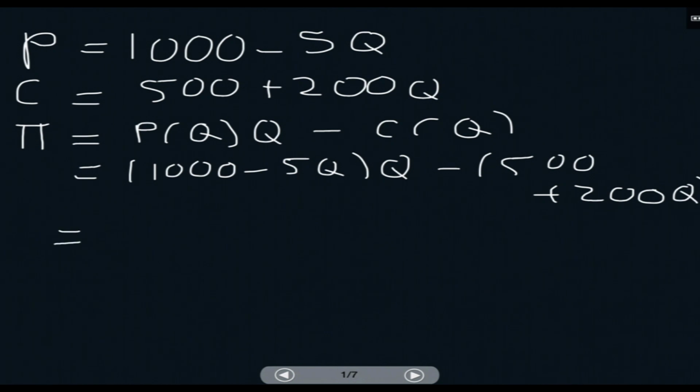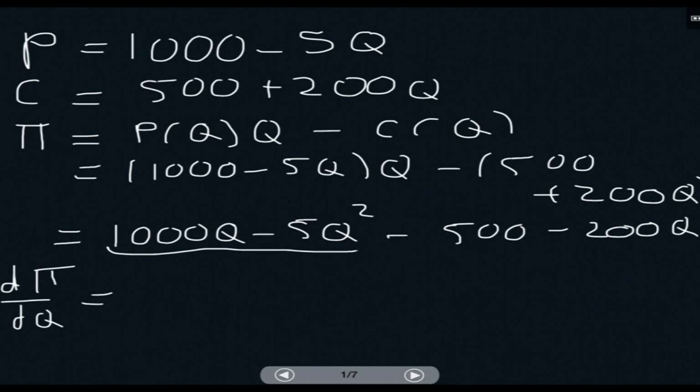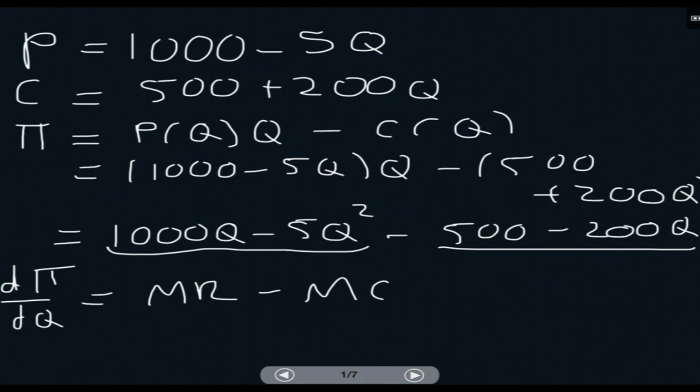Simplifying this down just a little bit, I'm going to get 1,000Q minus 5Q squared minus 500 minus 200Q. So now if we take the derivative of our profit with respect to Q, this represents our revenue, and this is our cost. So if we take the derivative, we're going to get marginal revenue minus marginal cost. So let's take that derivative.